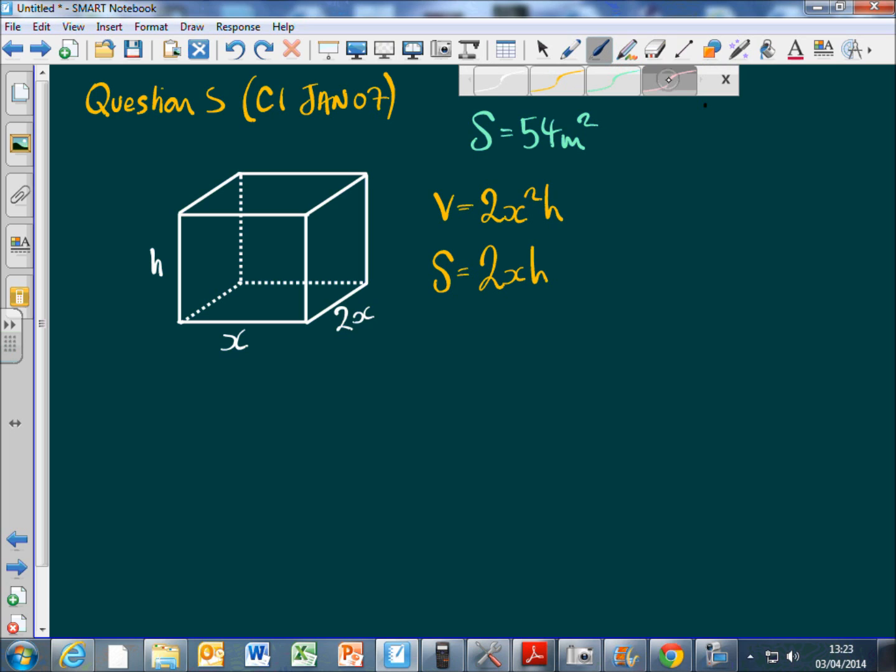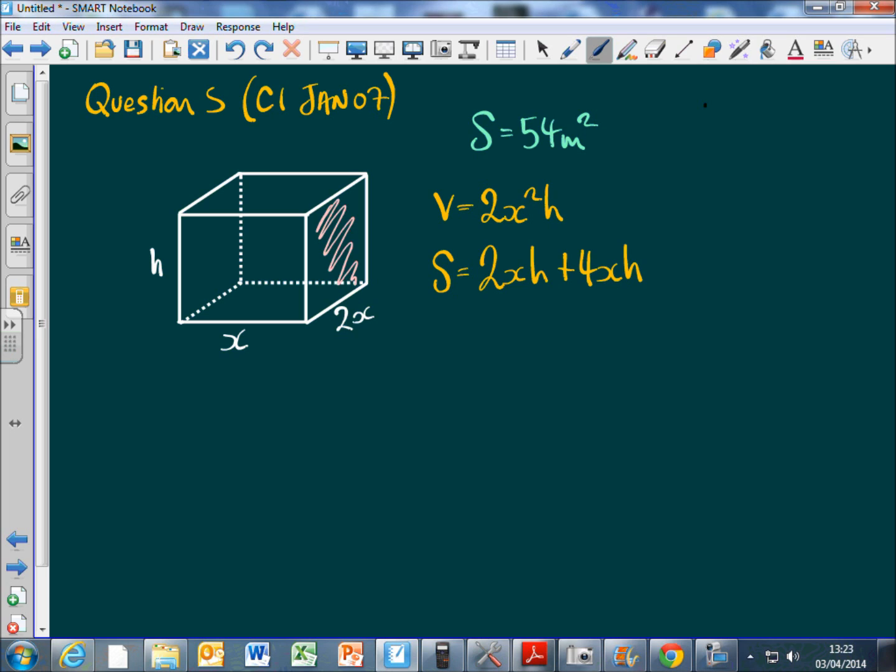Let's have a look at this face. I've made a mistake, haven't I? That face is 2x times h, isn't it? Oh yeah, okay, so this face has an area of 2xh, and there are 2 of them, so that's 4xh in total. Cool, I thought I'd made a mistake for a second.